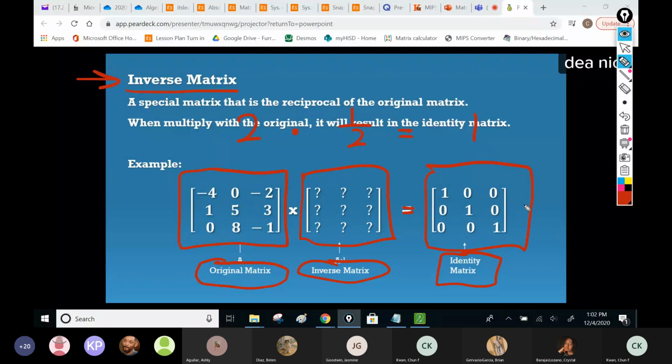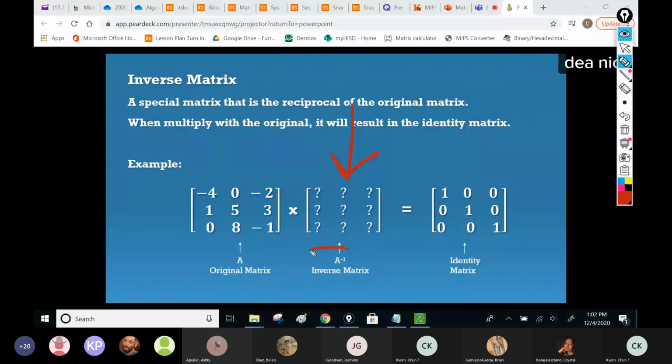This is the same idea. When you multiply the original matrix by the inverse matrix, you get the identity matrix, which is just a bunch of ones right here. When you multiply a number by the inverse of that number, you get 1. It is the exact same idea. And now we need to learn how to find the inverse matrix.